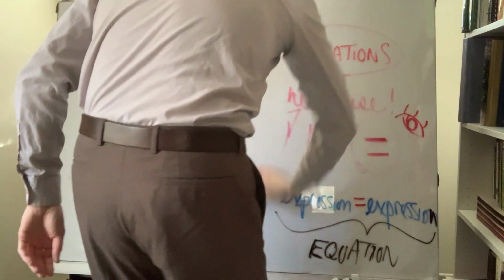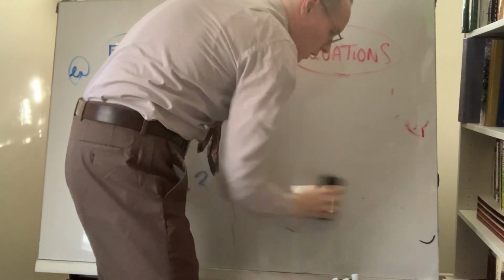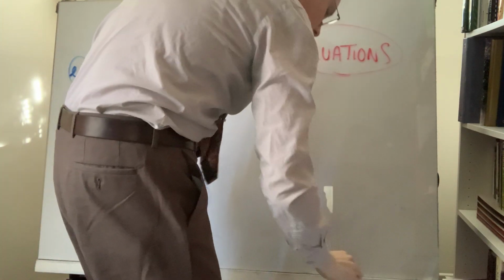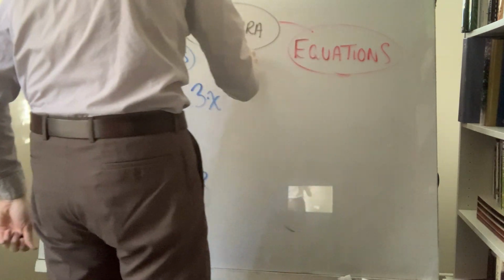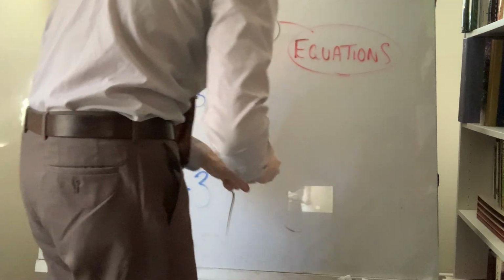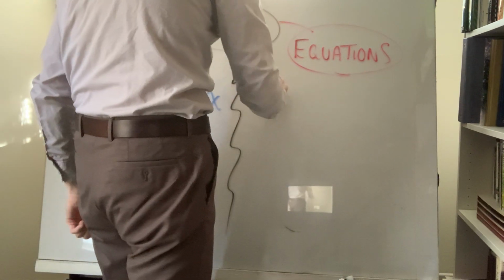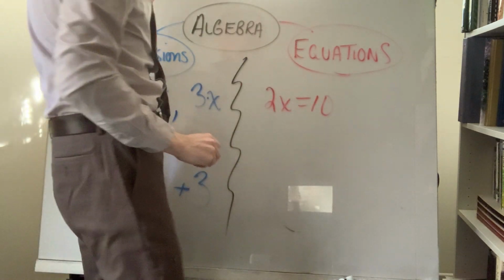An equation, visually, would look something like this. 2x equals 10, maybe, for example.